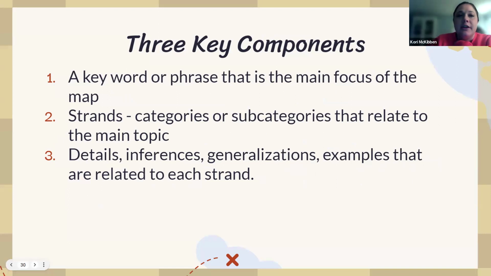Then you think about the strands or categories or subcategories that relate to that main topic. Then you create details, inferences, generalizations, and examples that are related to each strand.